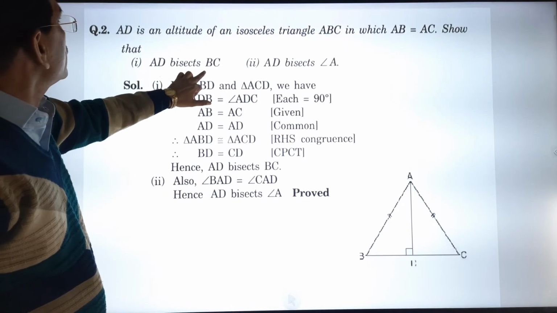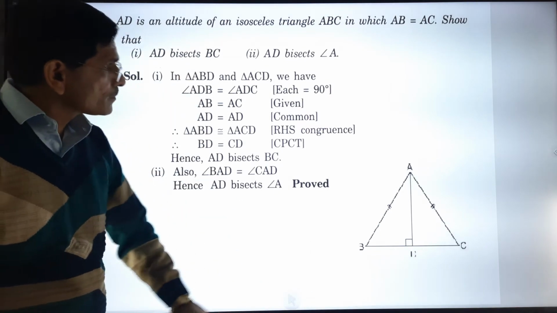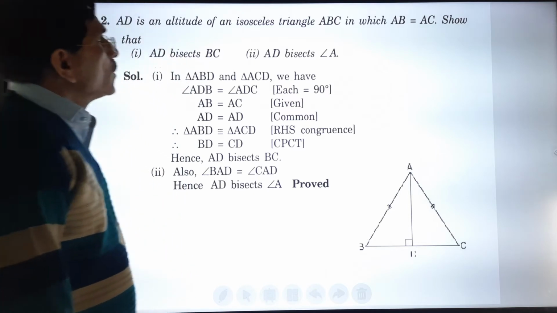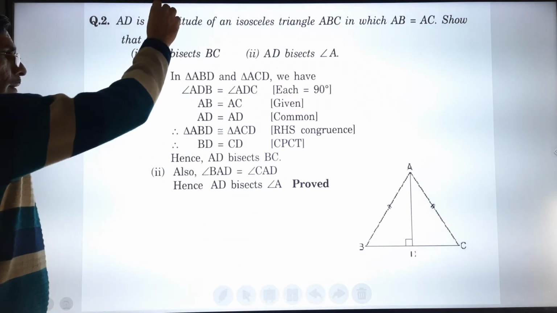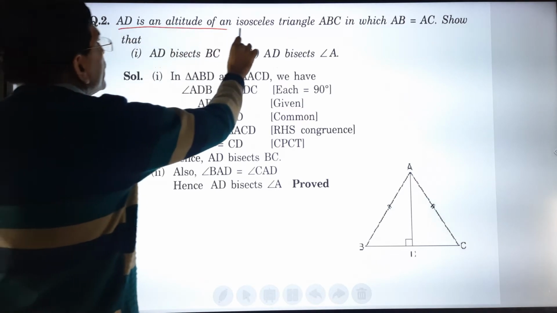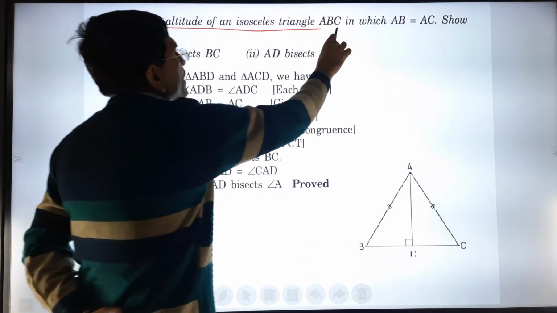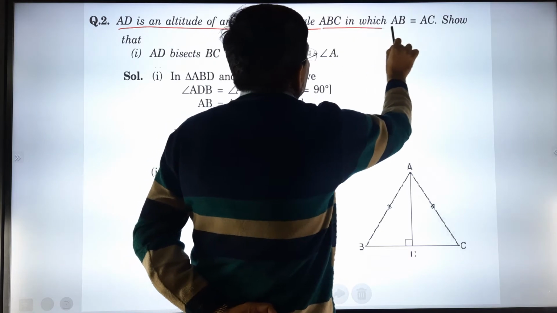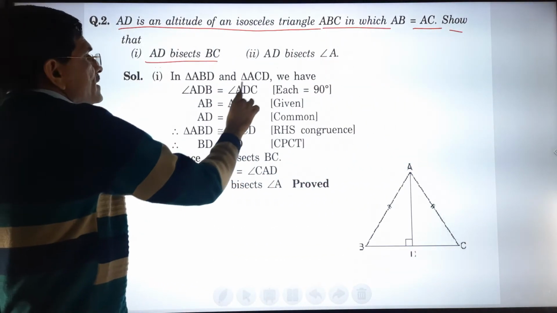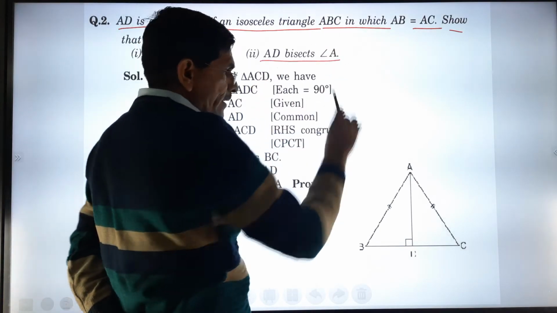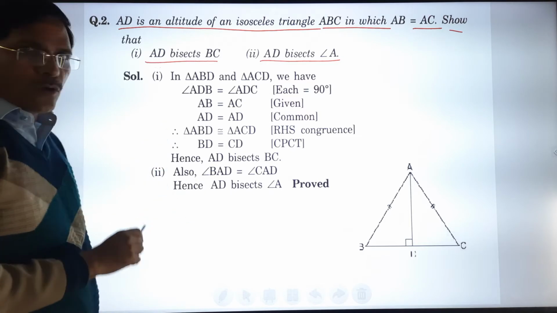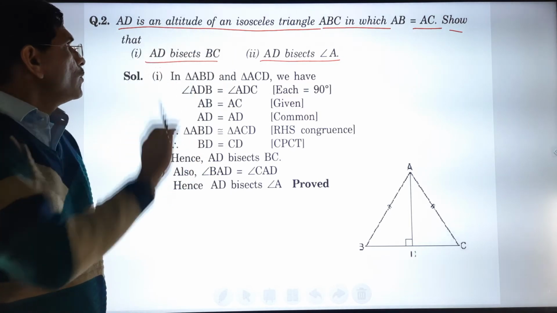Now question number 2. What is the question? AD is an altitude of isosceles triangle ABC in which AB is equal to AC. Show that AD bisects BC and AD bisects angle A. In question number 1, the third and fourth parts, we have to prove the same here.